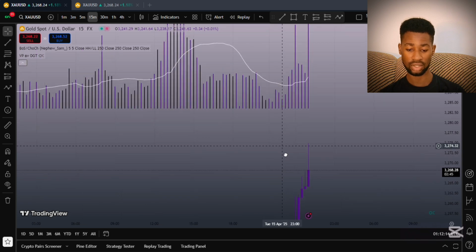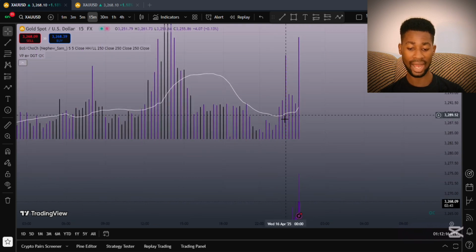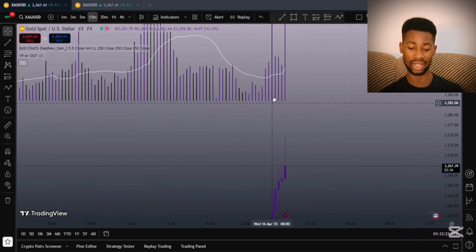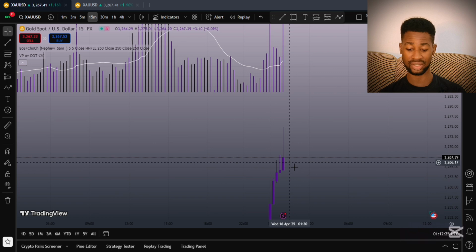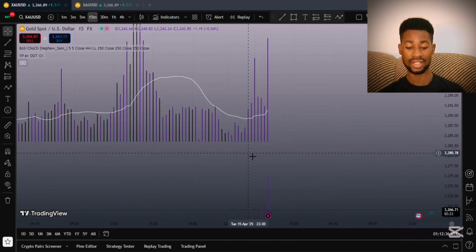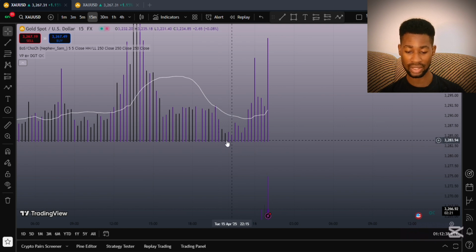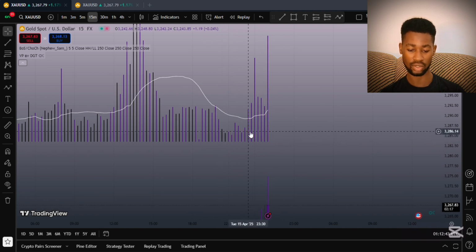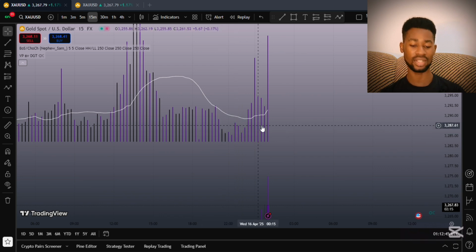You can see on the volume profile that the buyers are really in control of the market. You would be a fool to be shorting the market at this very moment, even though you are seeing a rejection. You are seeing a rejection at this point, but you'd be a fool to think that this is a rejection and then go short, because clearly you can see that for the past 1, 2, 3, 4, 5, 6, 7, 8, 9, 10 candles, something like that, there is no single seller in the market.